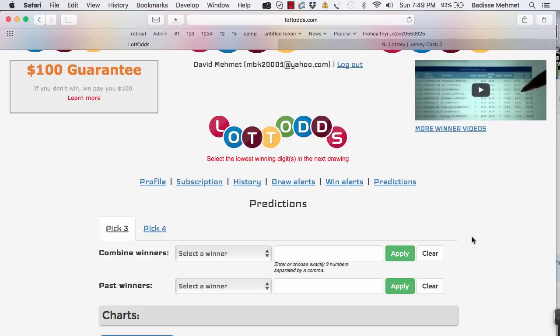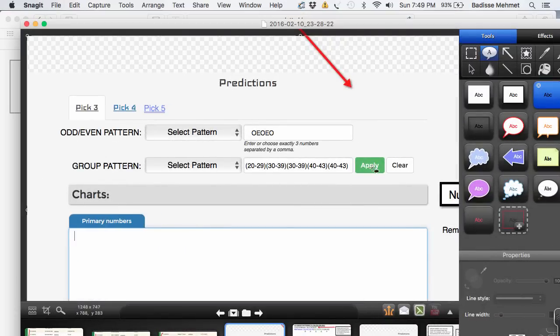And we were also able to combine multiple group patterns to the odd even patterns, which enabled us to predict multiple Cash 5 winners.